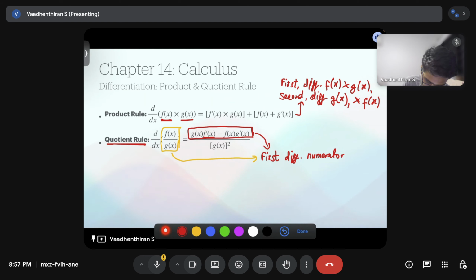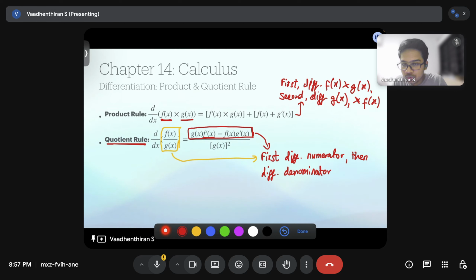Then you differentiate the denominator. I hope it's easy to understand with words instead of just remembering the formula. Then after you do this, the denominator will be g x squared. You just square the denominator and then you get the denominator of the derived function. Hope you understood these two rules.